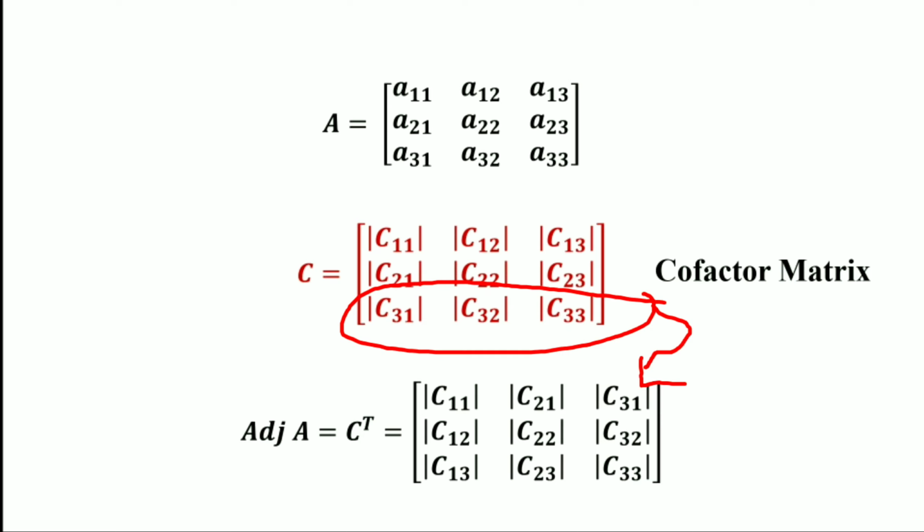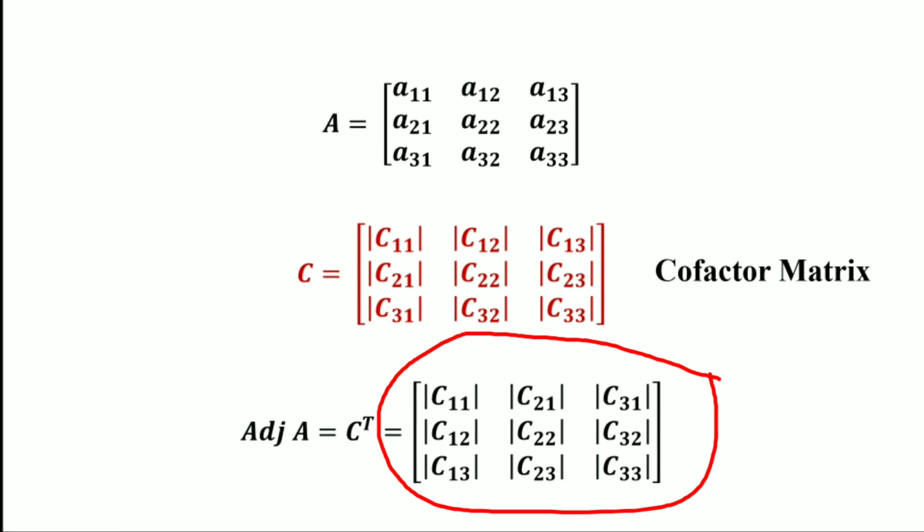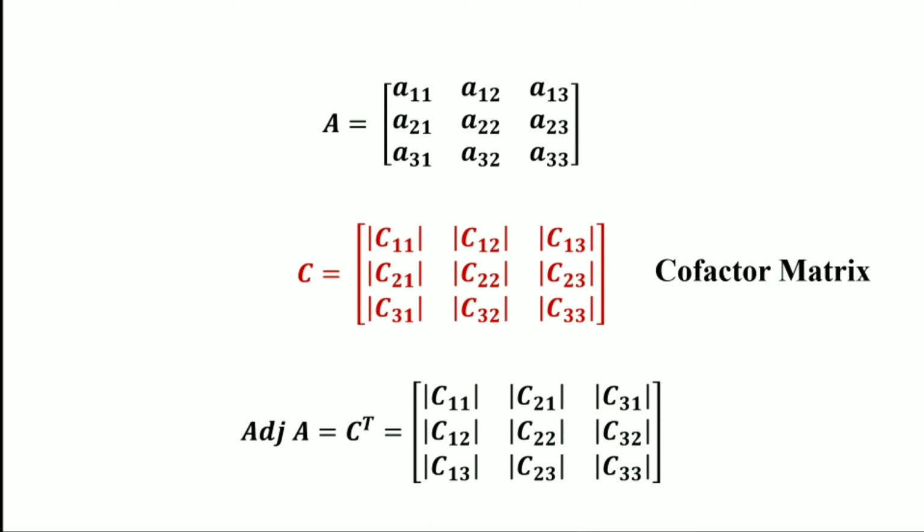We will get the adjoint of matrix A, which is C raised to the power t, the transpose of the cofactor matrix, equal to C11, C21, C31, C12, C22, C32, C13, C23, C33. So these are the elements of adjoint A. So adjoint A can be found by taking the transpose of the cofactor matrix.